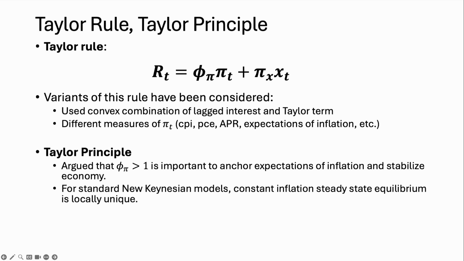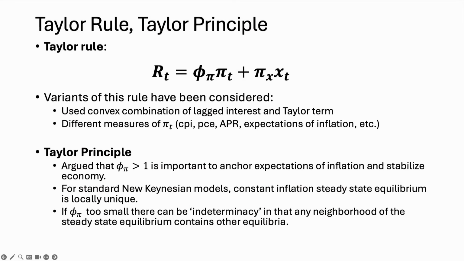So now I want to talk about why this is good, in kind of simple terms. To explain that, in models where this is used a lot, the New Keynesian model, those models have something called a unique steady state equilibrium, and that phi pi selects that equilibrium, that stabilizes the economy.